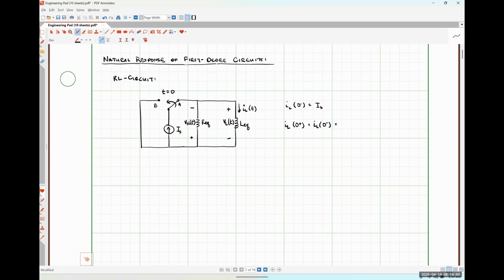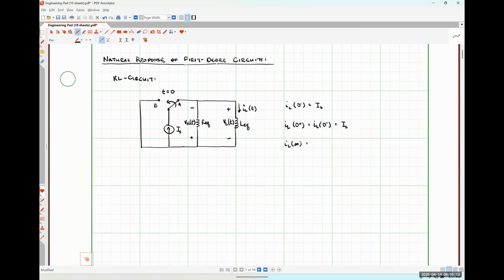So this value has to also be equal to IS. And the last thing that we need to sort out here is what IL trends toward when we allow a lot of time to elapse, which I'm going to call t equal to infinity, okay?